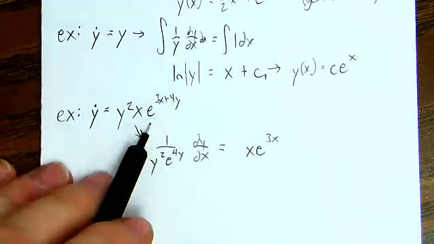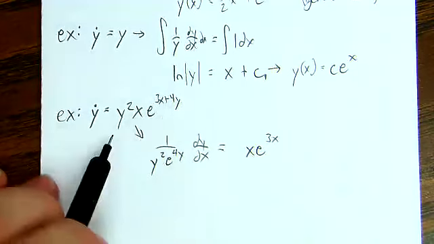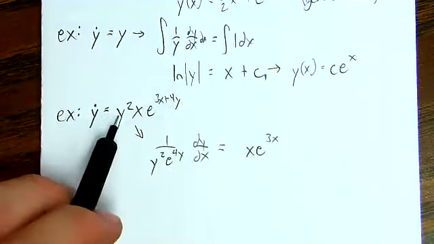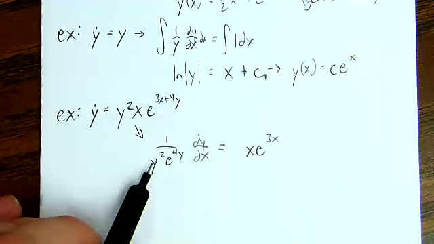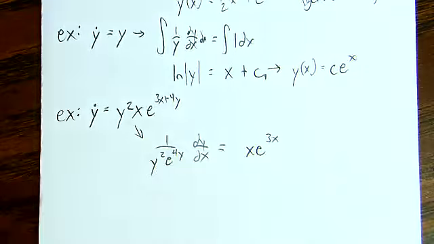Double checking, this breaks into e to the 3x times e to the 4y. I can divide both sides by e to the 4y and by y squared. That leaves me with an x and an e to the 3x hanging out on the right-hand side.